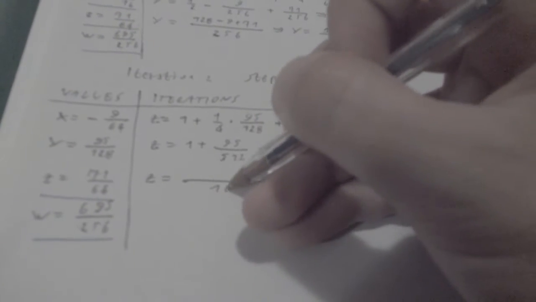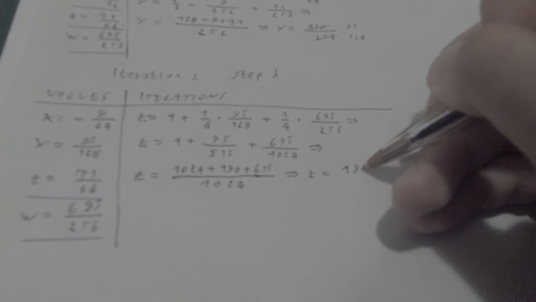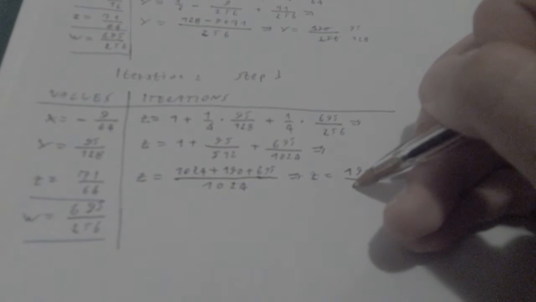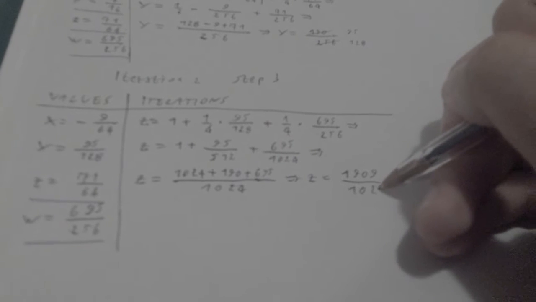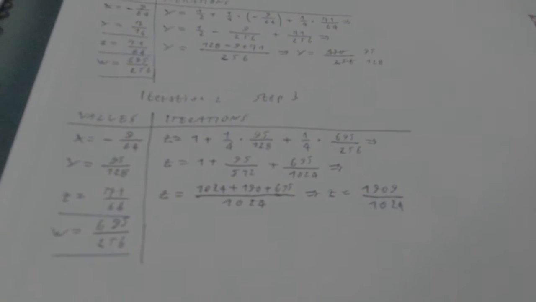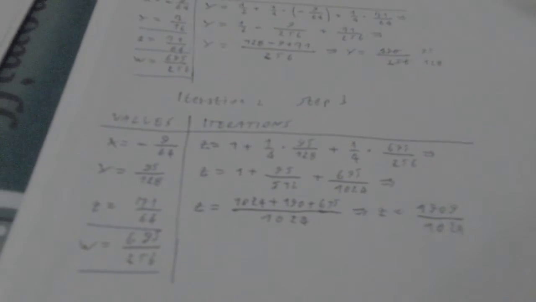So again, 1024, so we're going to have 1024 plus, well, this is 190 plus 695, which is going to give us z equal to 1809 over 1024, so that is our new value for z.